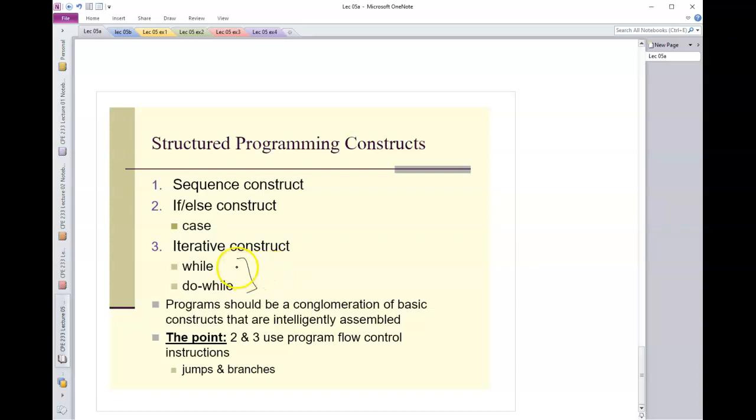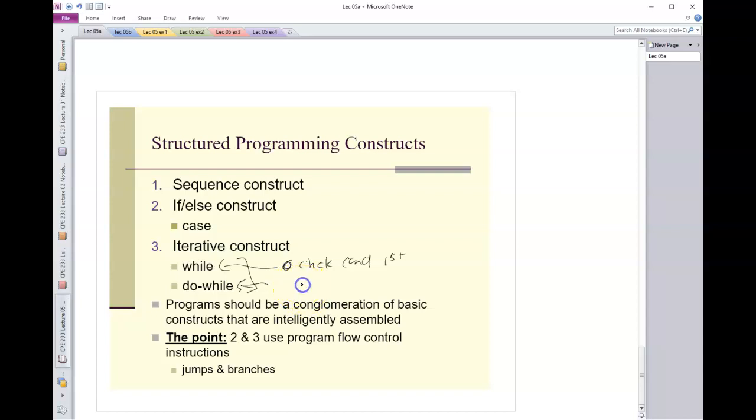These are very important. The while loop is a loop that I enter conditionally, and I may never even enter the loop. A do while loop is a loop where I do at least one iteration. If you look at these, in a while loop I check the condition first, so I may not even enter the loop.